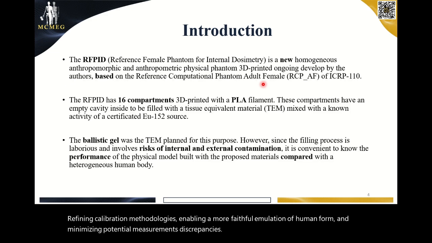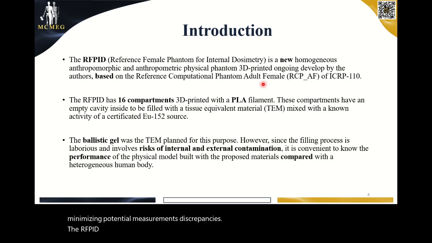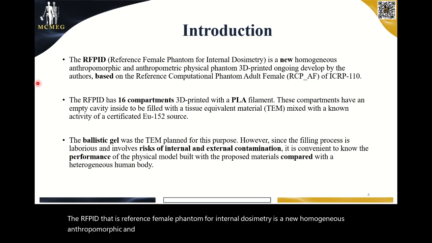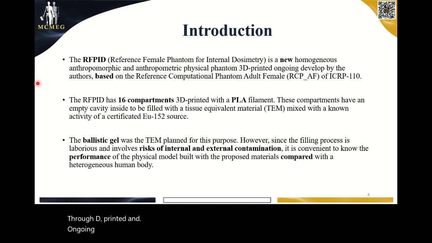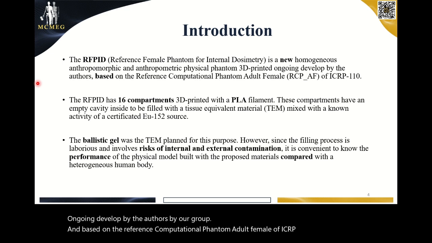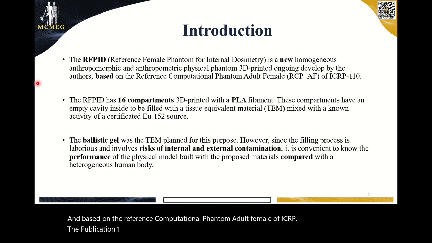The RFPID, that is Reference Female Phantom for Internal Dosimetry, is a new homogeneous anthropomorphic and anthropometric physical phantom, 3D printed, and ongoing, developed by our group and based on the reference computational adult female phantom of ICRP Publication 110.